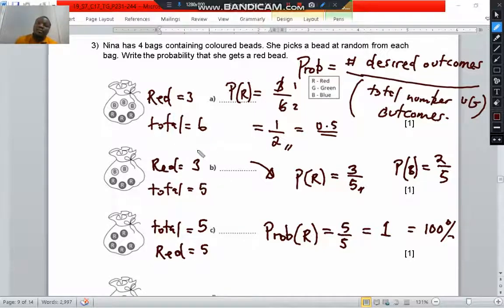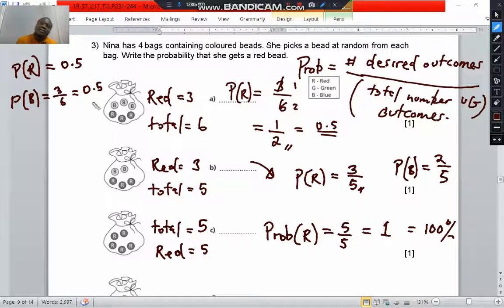Now, this question was sent to me by one of my grade 8 students, and I just want to show you something here, guys. This is off the question. Let's look at the first part, where we found that the probability of getting a red bead is half, which is 0.5. And if we look at the probability of getting a blue bead, it was going to be 3 over 6, which was still going to give us 0.5.